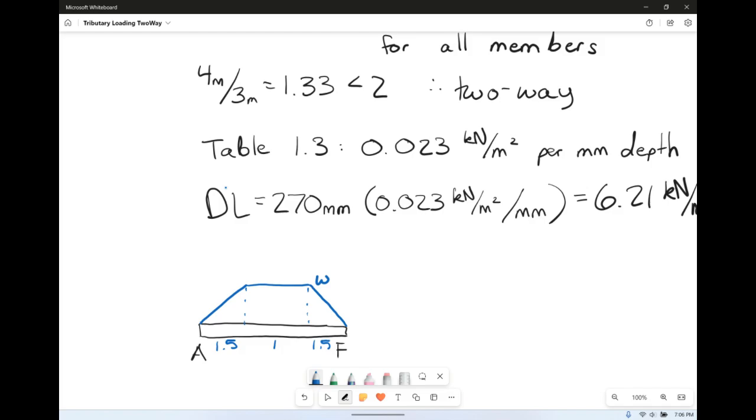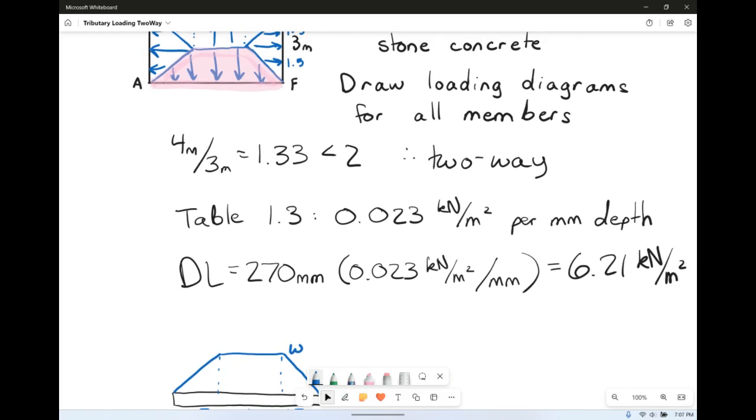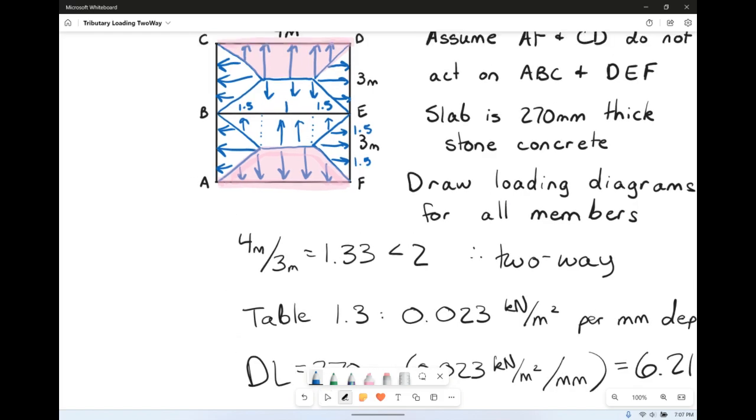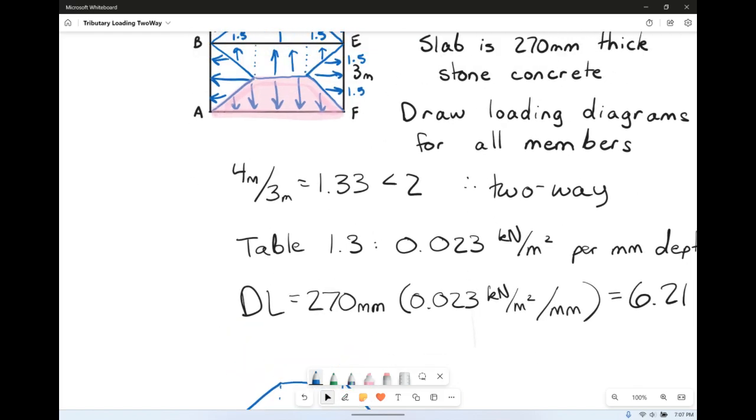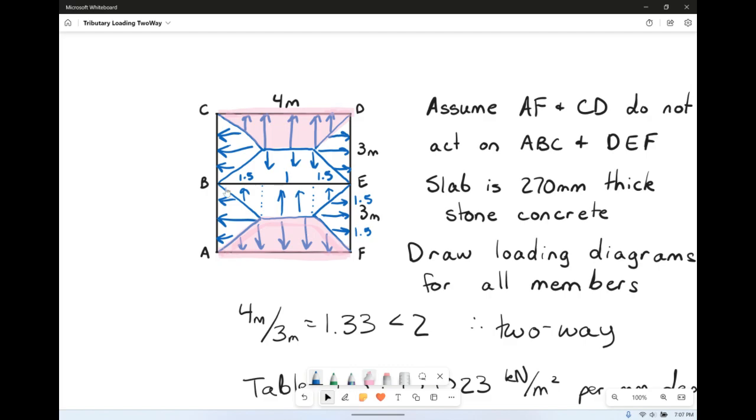So what is W? Remember, we have this dead load, the 6.21 kilonewtons per meter squared acting over the whole thing, and AF is across 4 meters. So we're not looking at the 4 meter direction, we're looking at the vertical direction. What is the vertical height of this? That is 1.5, and again, same on the other side.